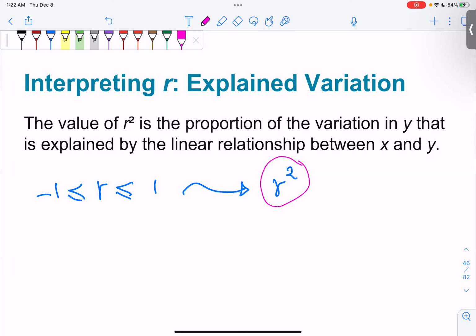R squared is how much variation of the dependent variable can be explained using the independent variable. But when we study correlation, correlation does not mean causation, so we cannot say this is the independent and this is the dependent variable. Still, when we study correlation, this value tells how much variation in Y can be explained using the independent variable X.